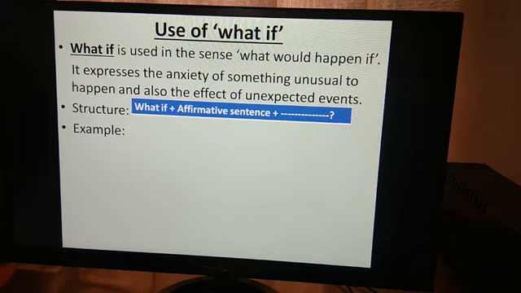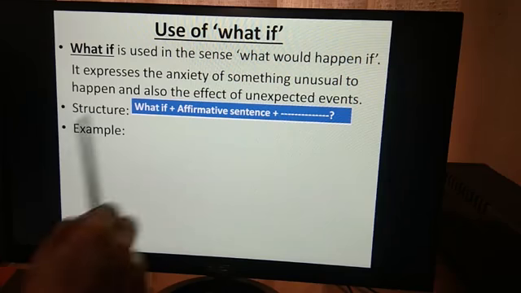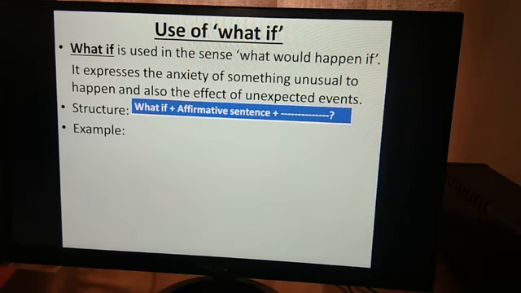It also expresses our fear, when we are not sure of what will happen. If that kind of thing happens, what will we do? And what will be the effect of that event if this happens?